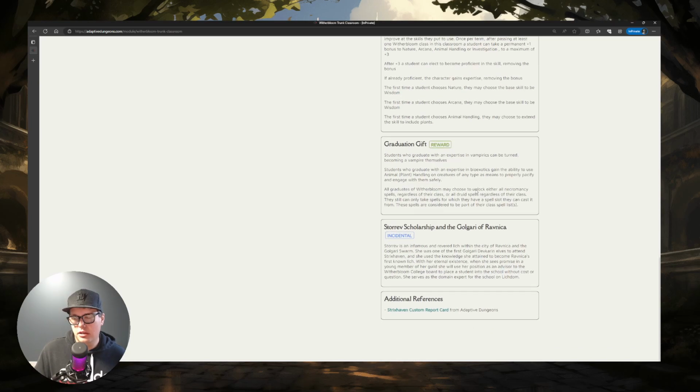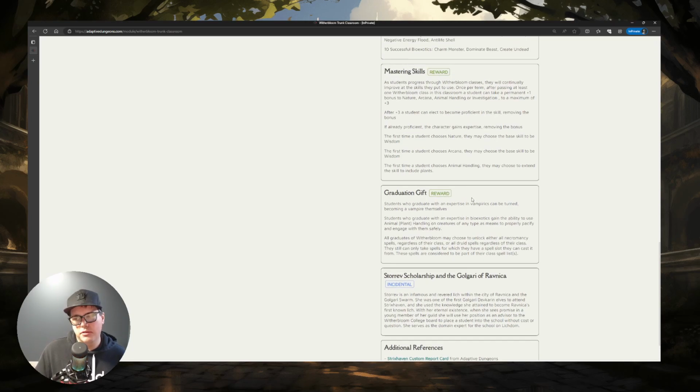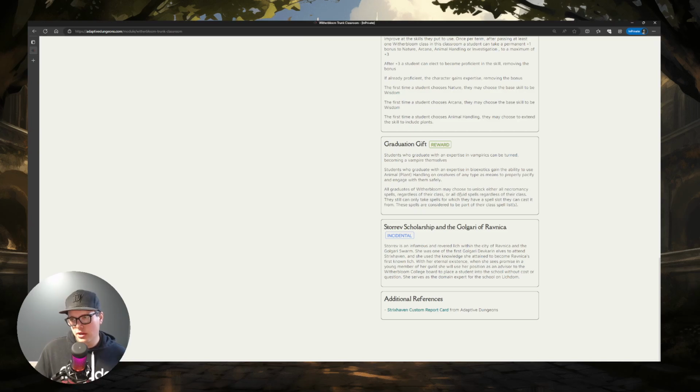So basically, you unlock those spell lists, and they just function as the rest of your spells do. If you're a wizard, they function like wizard spells, so you have to learn them. If you're a druid, they function like druid spells, and you can swap out wizard necromancy spells the same way you would any other spell.